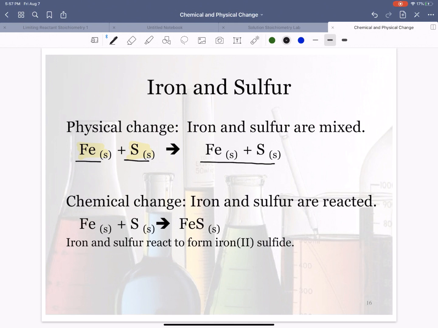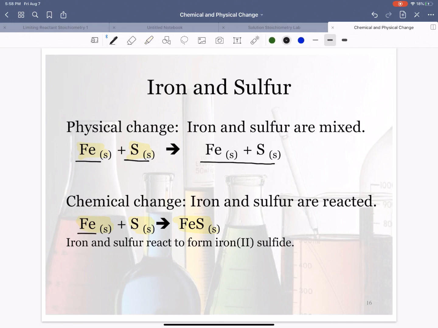But when it was heated, there was a chemical change that occurred. We had an element that was a metal, another element that was a nonmetal, but after heat was introduced, there was a chemical change, and we ended up with something that is a compound.